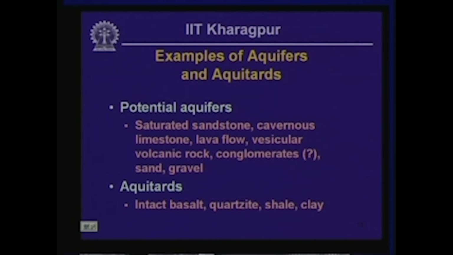But oftentimes, you do not have any rock that is completely free from joints and fracture zones. So you might have some limited supply of groundwater because of the presence of those imperfections within the mass of rock, such as intact basalt, quartzite, shale and clay.